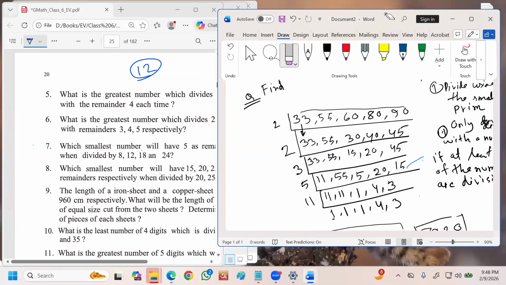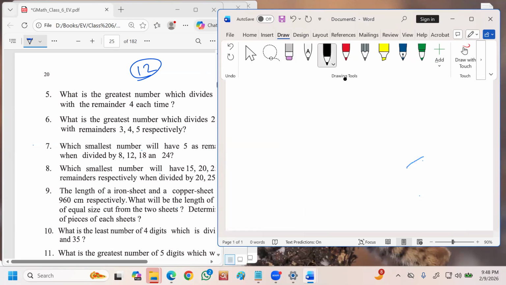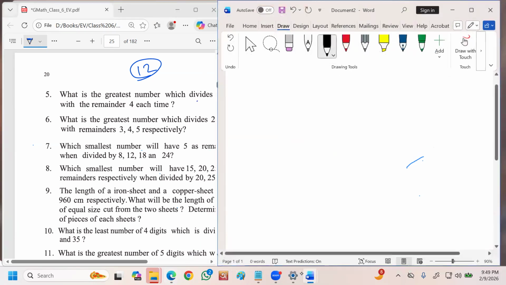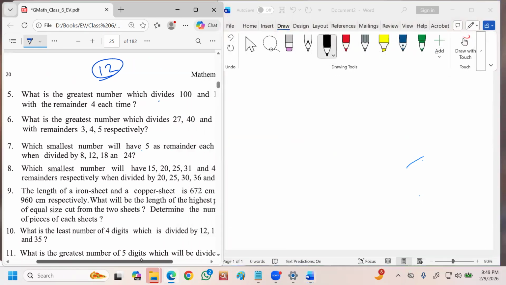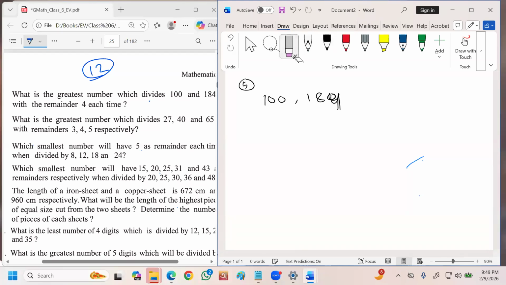That means we will use the method of division to find the GCD. So first of all, let's write the numbers which are given. We are solving question number 5. 100 and 184. And we have to subtract 4 from each of the numbers.